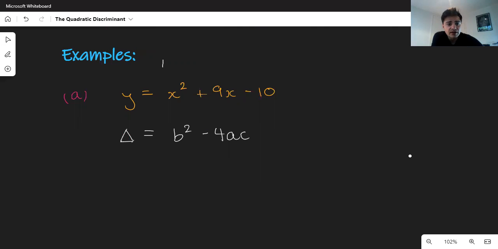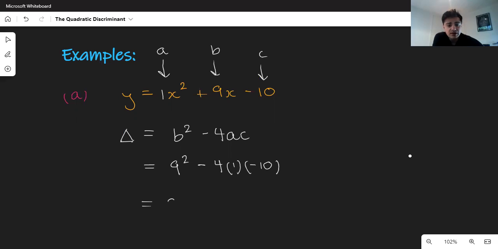And remember that this is a, this is b, and this is c. There is secretly a 1 there. So b squared is 9 squared minus 4 times a, which is 1, times c, which is negative 10. And yes, the negative has to come along with it.